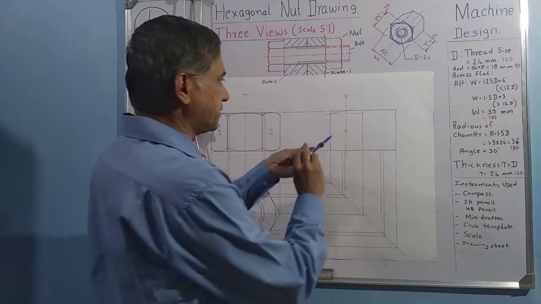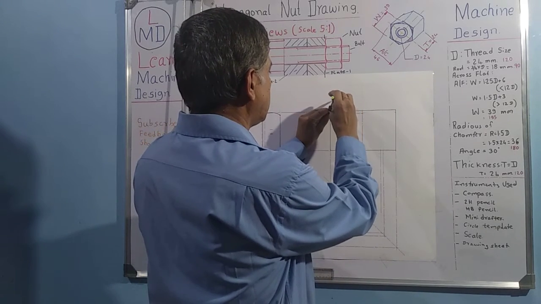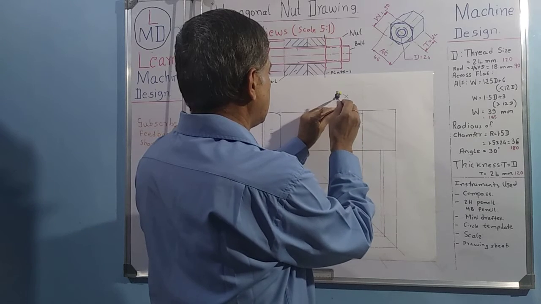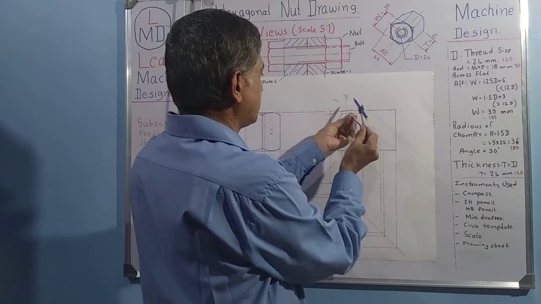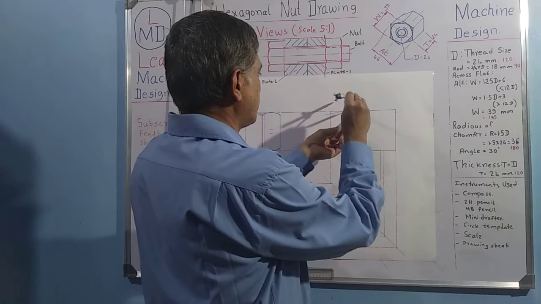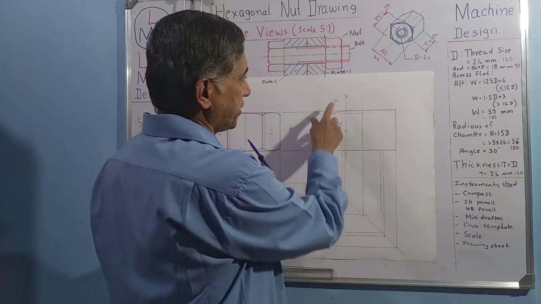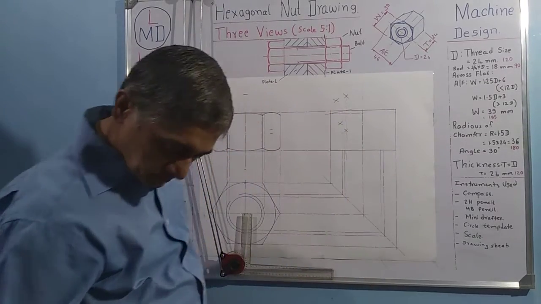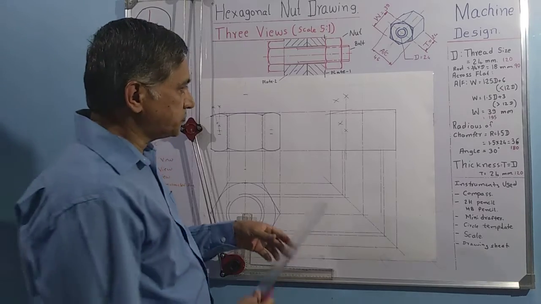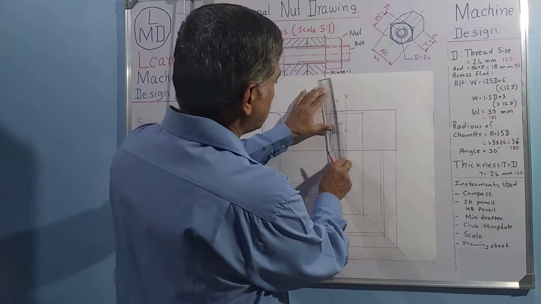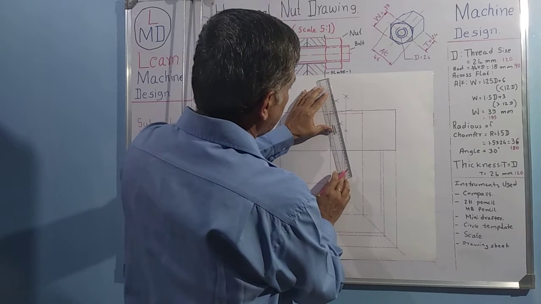Take this compass, use this, and you have got 2 lines. We have to join this 2 point, this point and this point, like this.